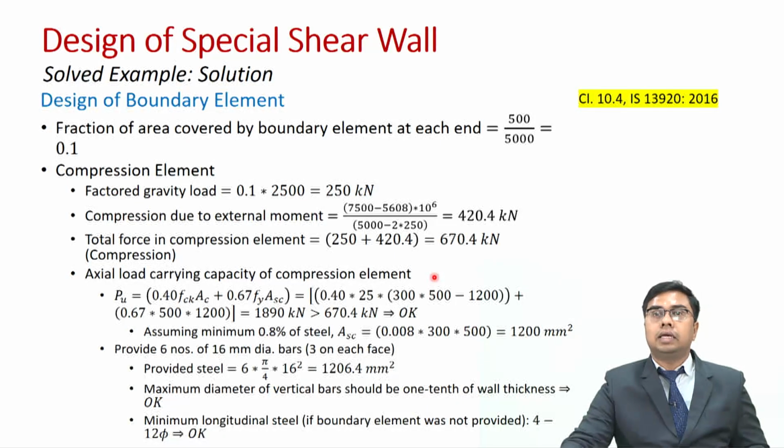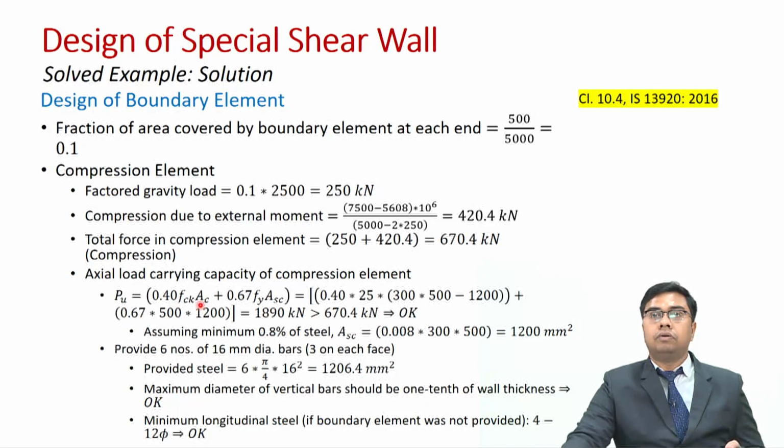So this is the expression for the axial load carrying capacity of a short column: 0.4 fck Ac plus 0.67 fy Asc. In this we have the contribution coming from concrete, which has an area of Ac. Please make sure that this Ac, the area of concrete, is the gross cross-sectional area minus the area of steel.